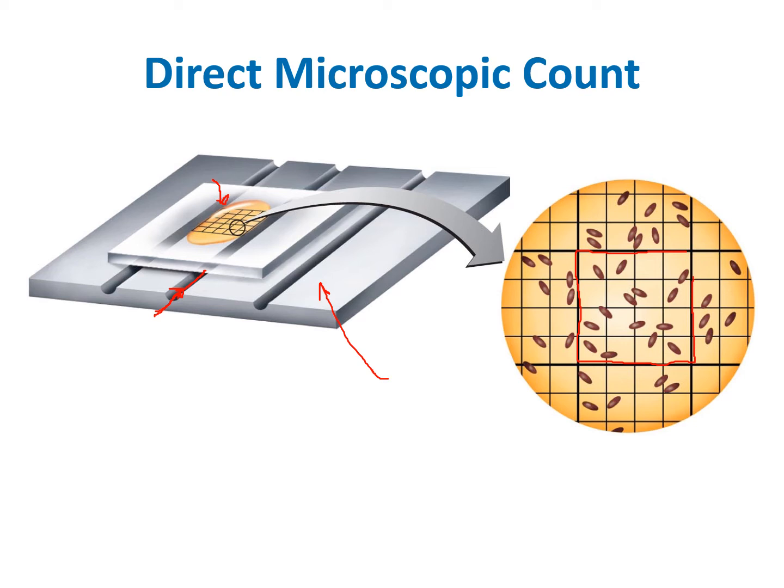This, for example, might be one box, but some labs have different rules about if the bacterium is on one of these border lines, whether or not it can be counted. In any case, let's count these bacteria. There's 1, 2, 3, 4, 5, 6, 7, 8, 9, 10, 11, 12, 13, 14. 14 cells within this one box.